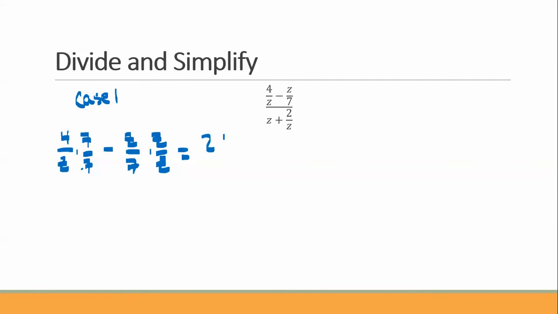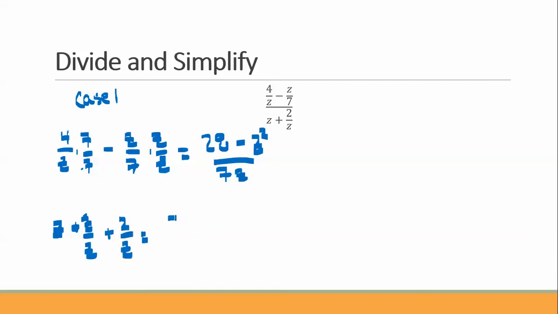So that's going to be 28 minus z squared over 7z. And then our denominator is z times z over z plus 2 over z, which is equal to z squared plus 2 over z.